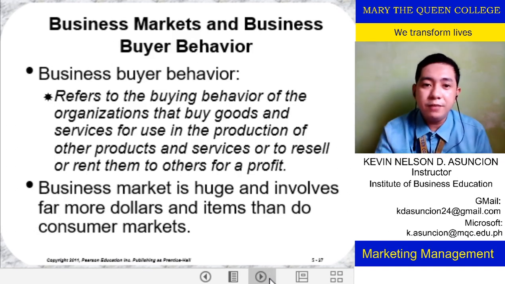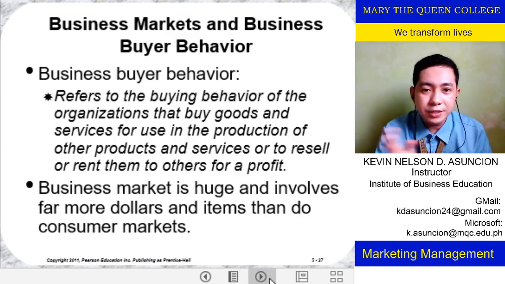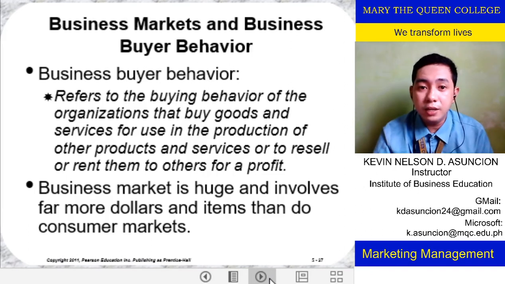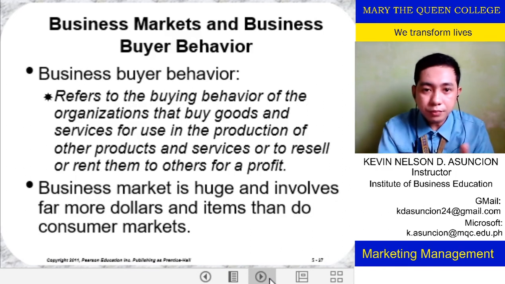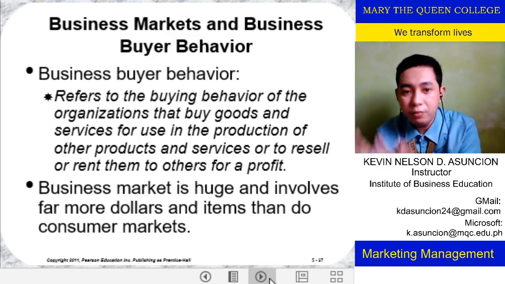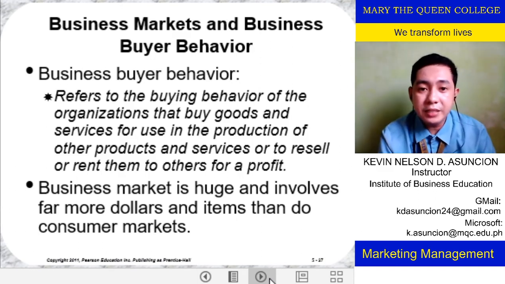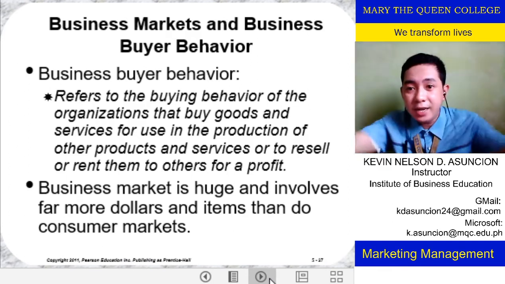So business buyer behavior refers to the buying behavior of organizations that buy goods and services. If earlier it was the consumer, what reasons constitute their buying behavior? There are also reasons why businesses buy products. So the business market is huge and involves far more dollars and items than consumer markets, because they are bigger.